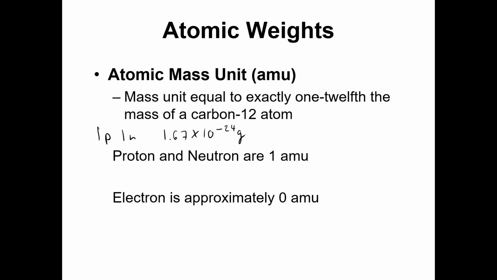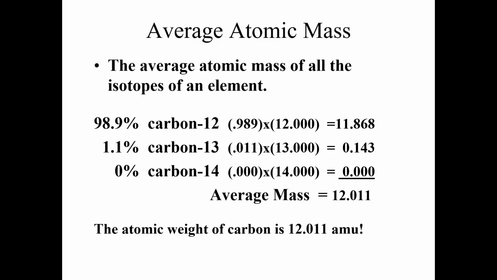It's a very, very small number, so we simply call this an atomic mass unit. So one proton is one atomic mass unit, one neutron is one atomic mass unit. And because electrons have 1700 times less mass, we essentially say that that is equal to 0. Okay, have done that already.